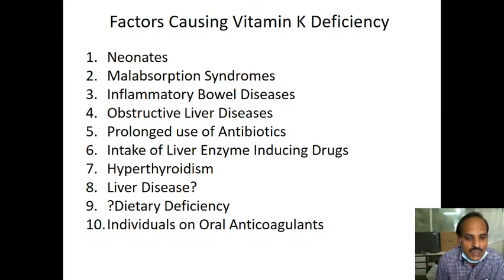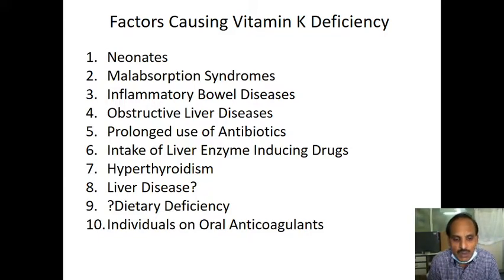Hyperthyroidism, oral supplementation can work. Liver disease, oral or parenteral. Dietary deficiency, increasing the dietary sources and also giving an oral formulation may work. Individuals on oral anticoagulants, you have to be very careful if they develop vitamin K deficiency manifestations, because vitamin K deficiency could be either asymptomatic or symptomatic.